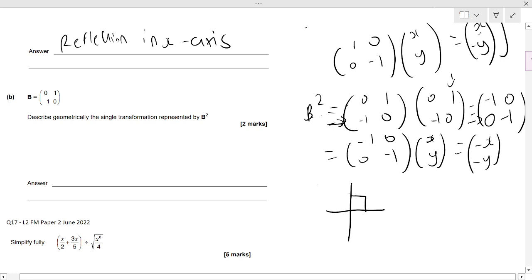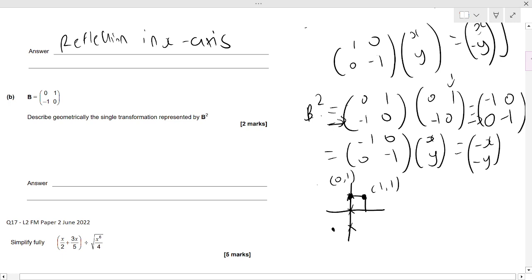So essentially what's happening is with each coordinate x, y, we take the negative of it. So for example, 0, 0 first of all will stay 0, 0. Then this is 0, 1, so that's going to go to 0, minus 1. So that's going to be down here. What about this point then? This point is 1, 1, so that's going to go to minus 1, minus 1.